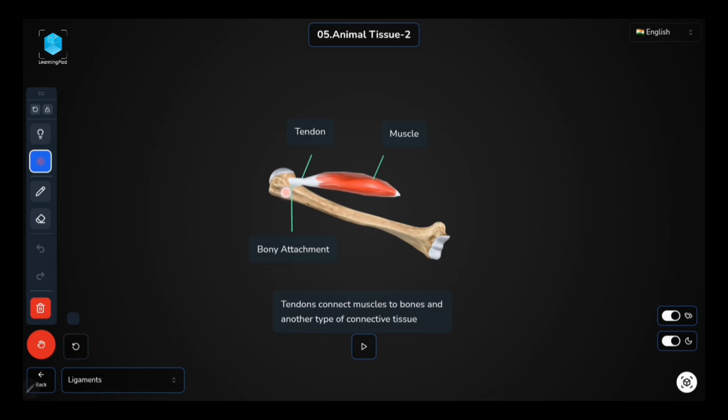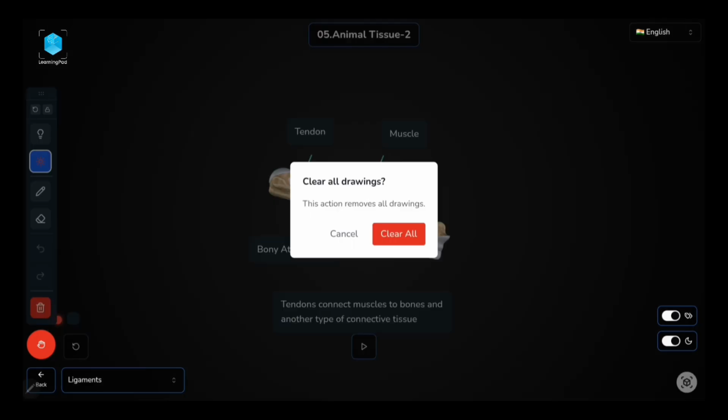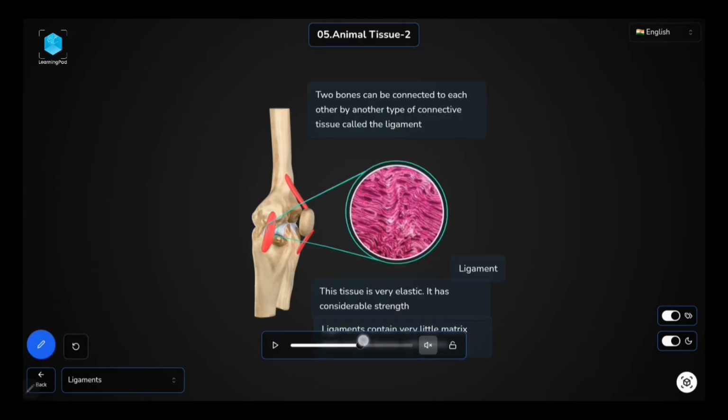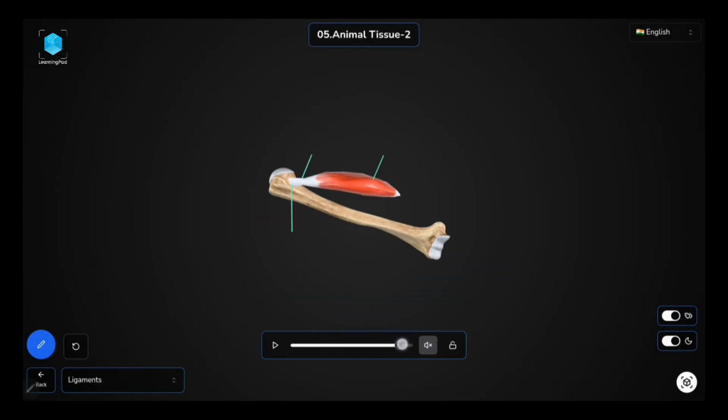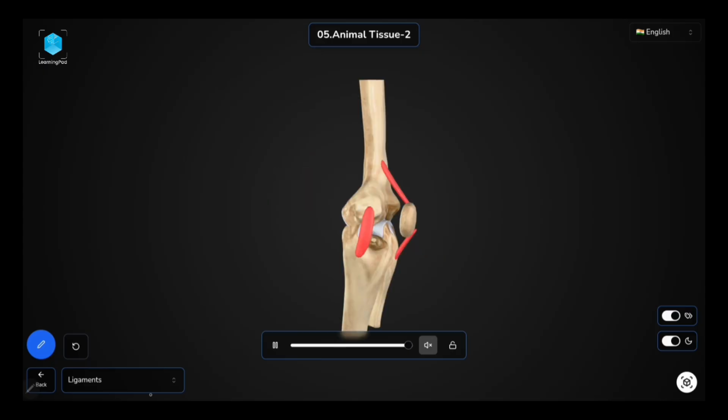So ligament is present at the joint of two bones, whereas tendon is present at the joint of muscle and bone. You can see how the tendon is present near the joint of muscle and the bone.